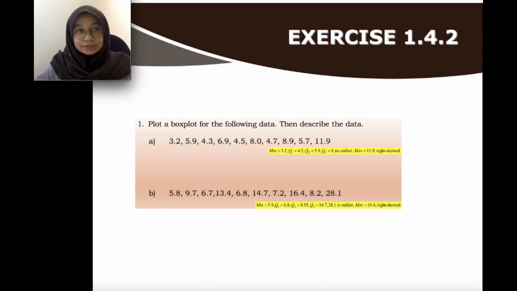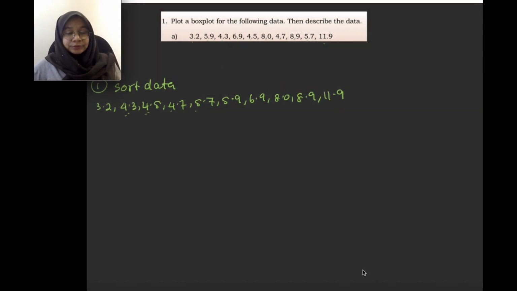So let's try to do an exercise. 1.4.2 number 1. Plot the box plot for the following data. So how many data do we have here? 1, 2, 3, 4, 5, 6, 7, 8, 9, 10. So we have 10, N is equal to 10. In drawing your box plot, first you must sort your data.